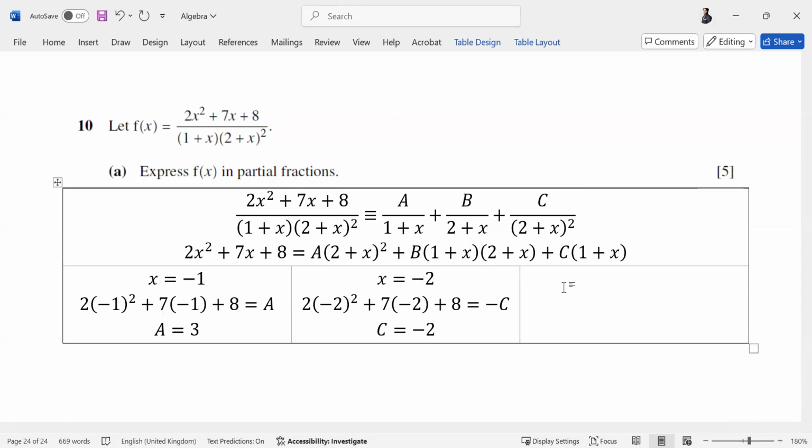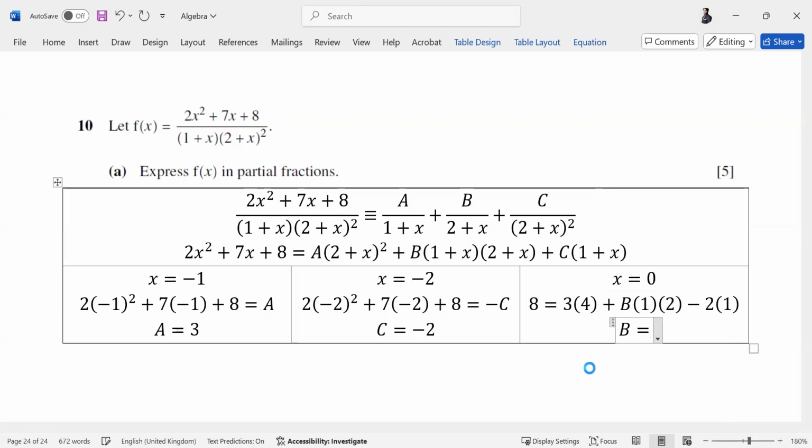We can use those, and any value that we would like to plug in. Very good. 0 is a good option. 0, 0, and I'm left with 8 on right. The value of a I already know, 3. 2 plus 0 is 2, and then squared is 4, plus b into 1 into 2, plus -2 into 1.